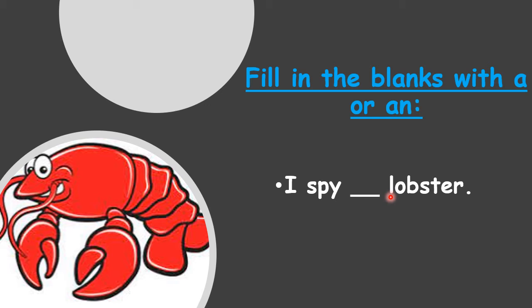No, that means it's a consonant. And if it's a consonant, we use a. Read it with me. I spy a lobster. Very good.